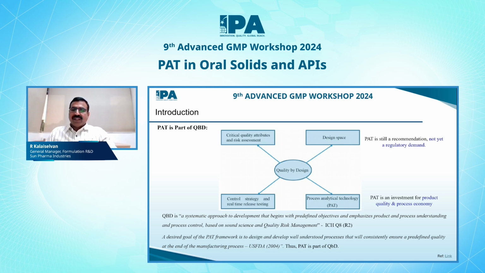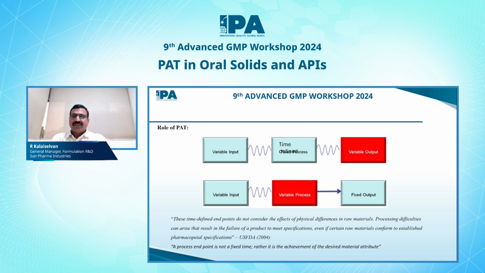This is obtained by scientific understanding of the process, product, then quality risk assessment. This is the way to achieve the consistent quality, and this is explained in QbD as well as the PAT guideline by FDA. So that is why PAT is part of QbD. Next slide.